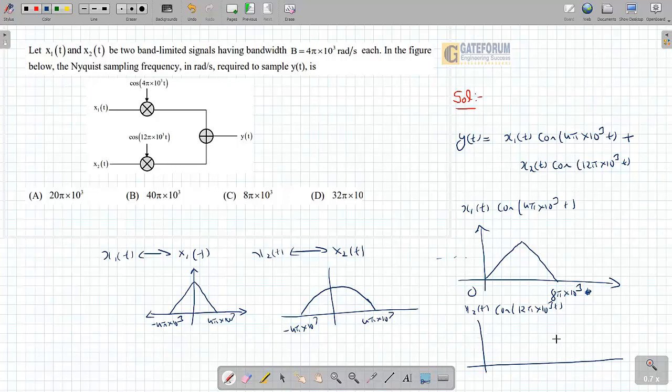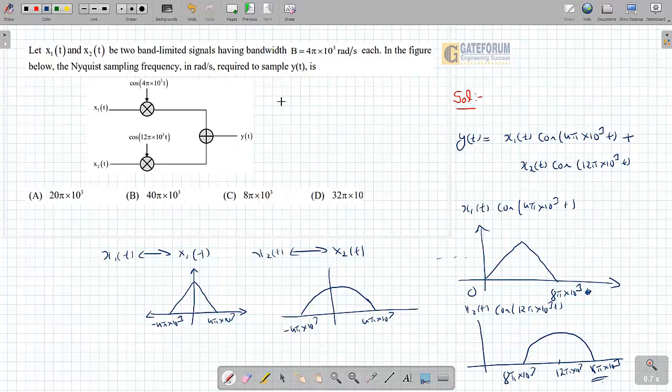Once you shift it by 12π, centered at 12π, plus 4π, it will become around 16π×10^3. Now, when you add x1(t) cos 4π×10^3 t and x2(t) cos 12π×10^3 t, the maximum frequency present is 16π×10^3.